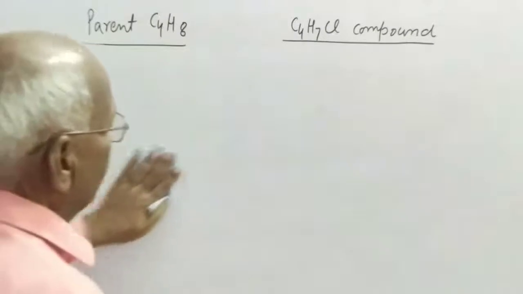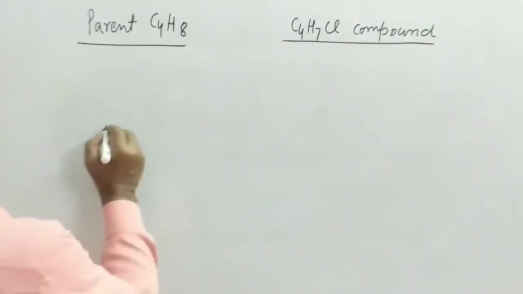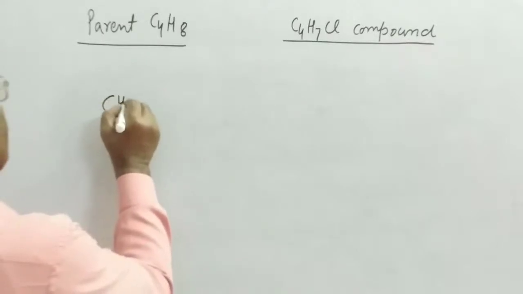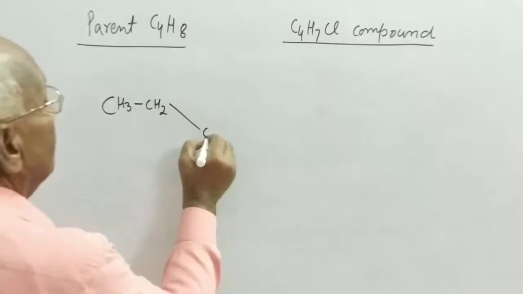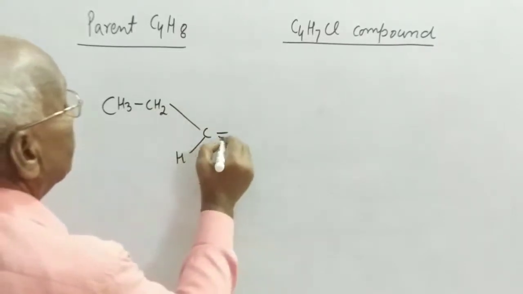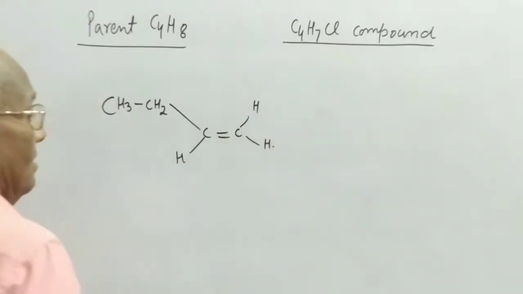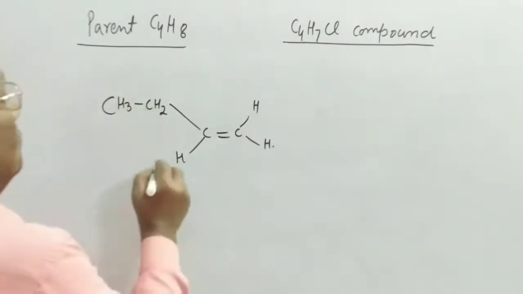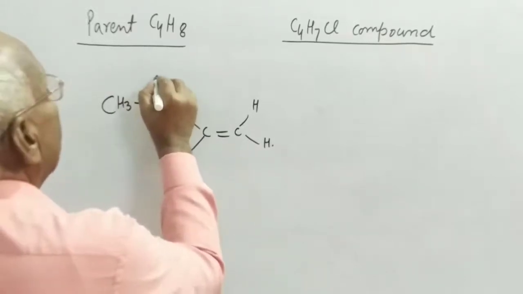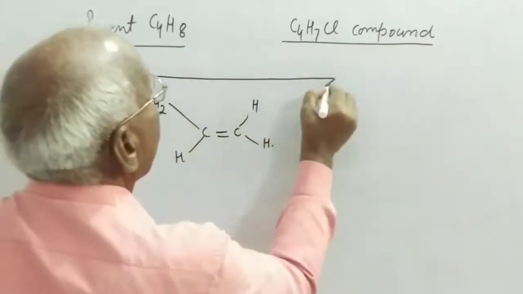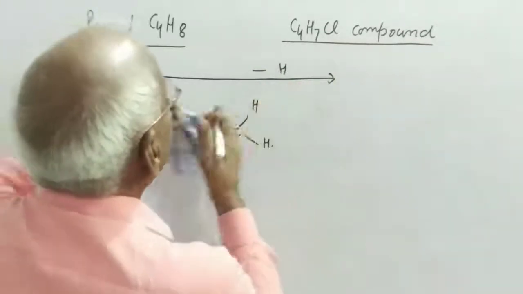Now see the other structure, or the first structure of butene, already mentioned. With the help of this structure, I am going to replace this hydrogen atom by Cl.